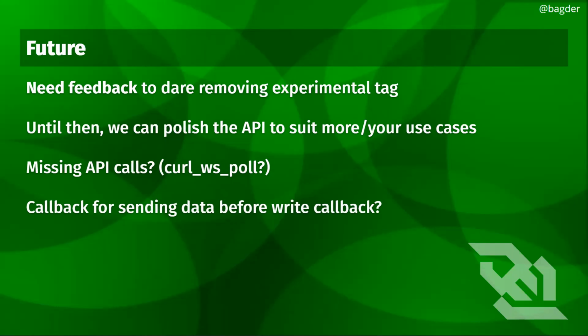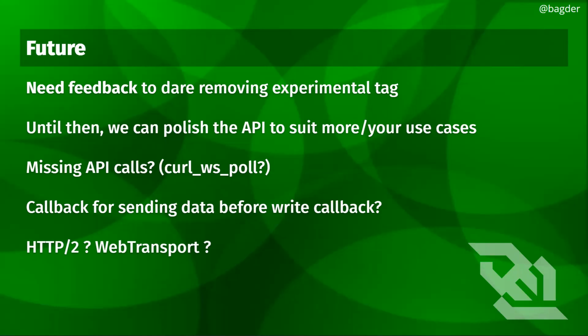I've already been told that someone wanted a callback when you use the write callbacks model of the API, a way to send data before that first data arrives. So maybe a callback to allow the application to send data before the write callback is called the first time. And then there's, of course, the opportunity, maybe in the future, to add support for HTTP/2.